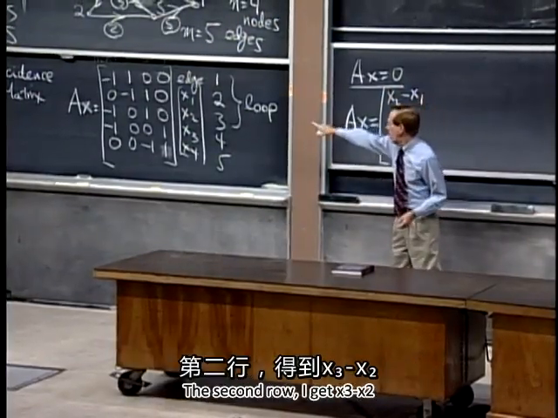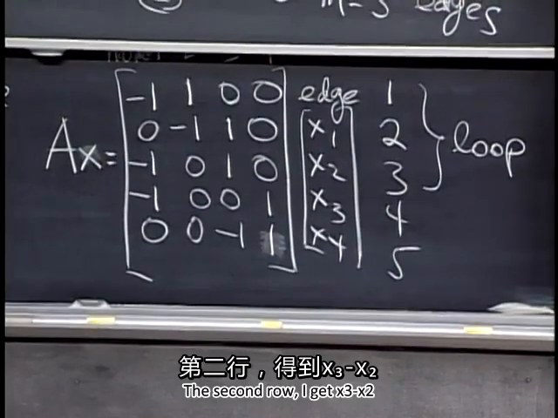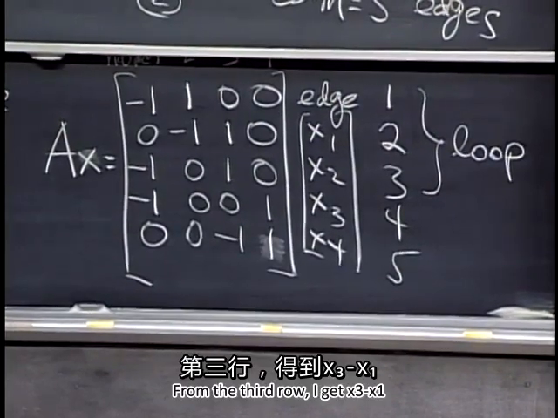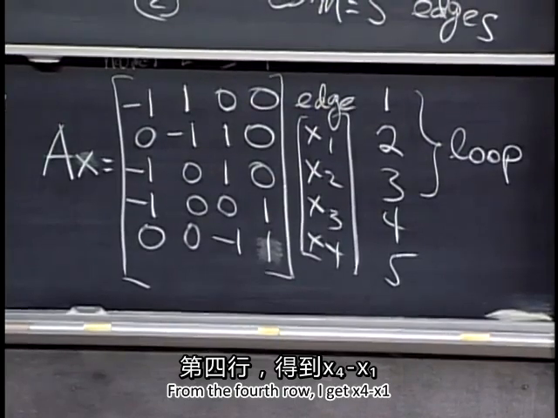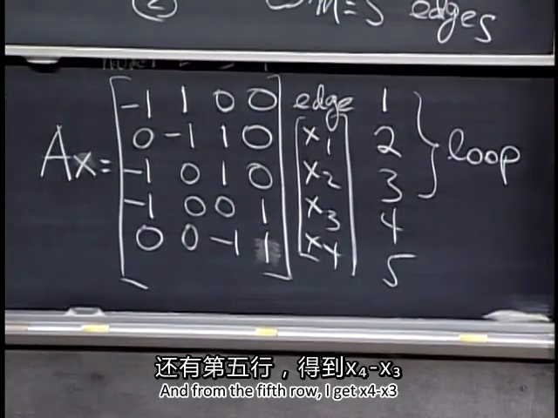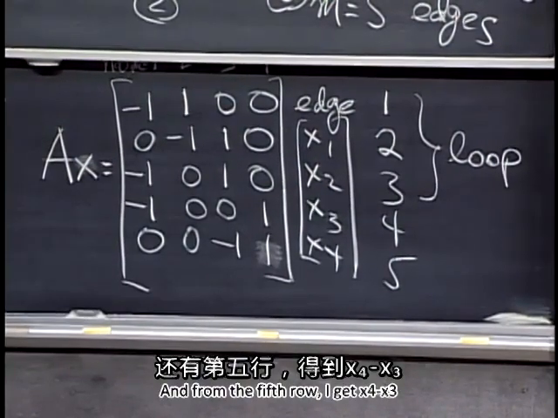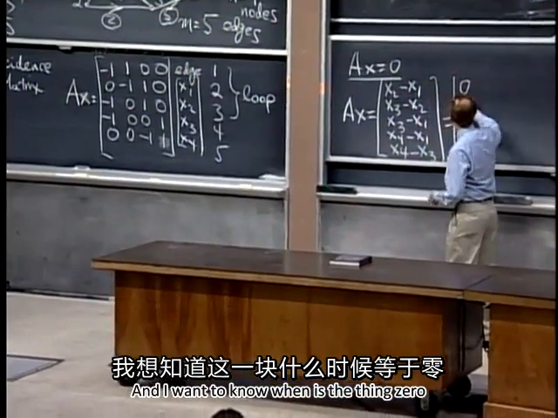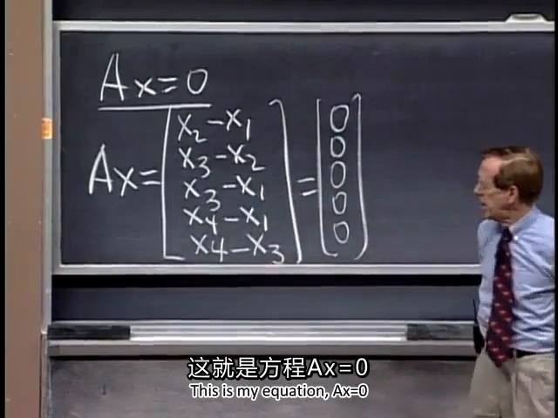The second row, I get x3 minus x2. From the third row, I get x3 minus x1. From the fourth row, I get x4 minus x1. And from the fifth row, I get x4 minus x3. And I want to know, when is the thing 0? This is my equation, Ax equals 0.